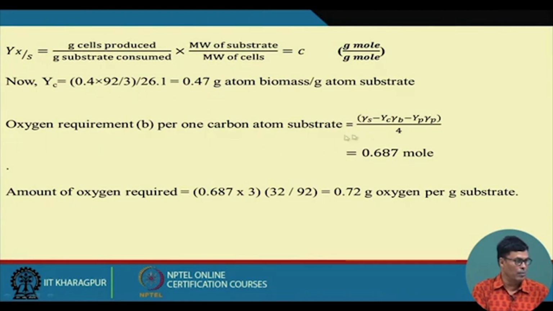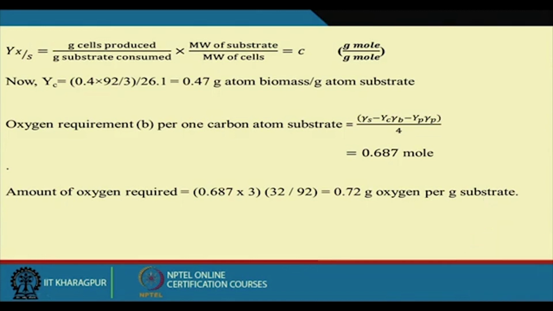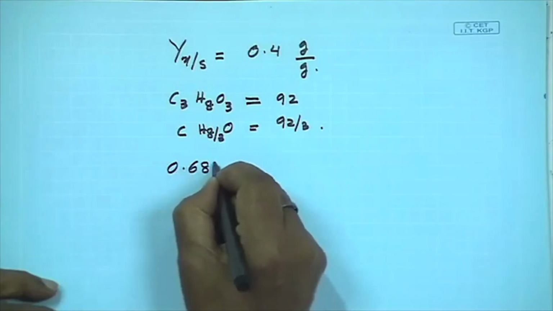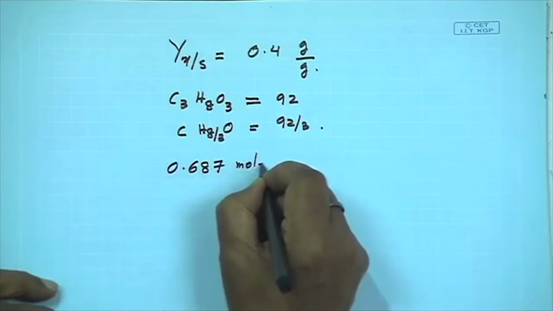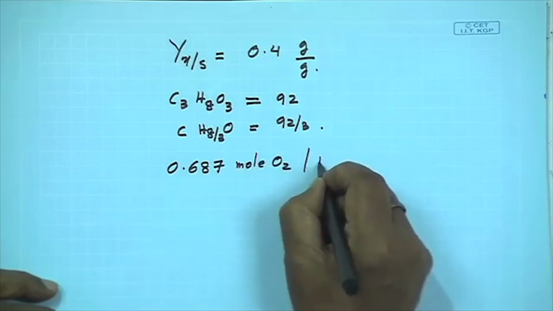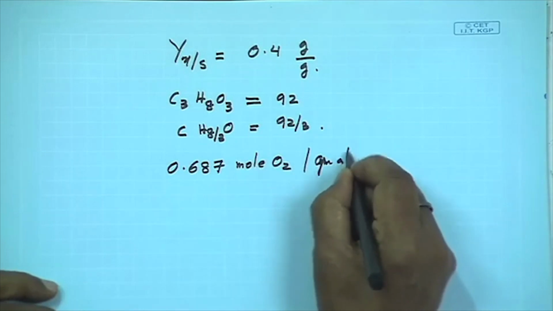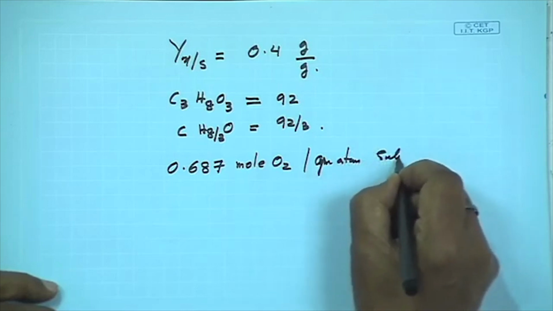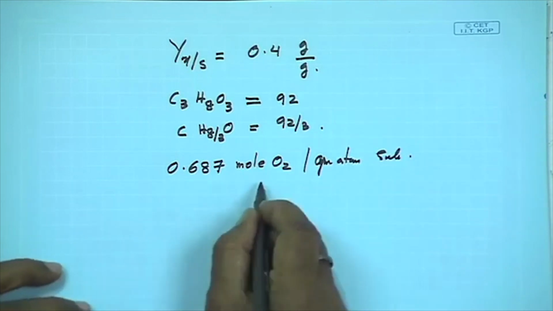Then we calculate the oxygen requirement per carbon atom of substrate, which comes to about 0.687 mole. So we are getting 0.687 mole of O2 per gram atom of substrate. Am I right?